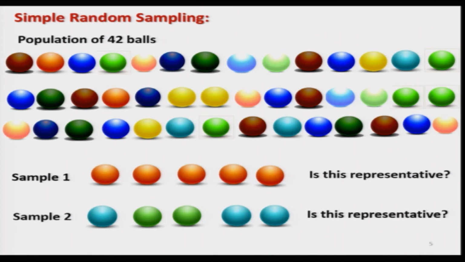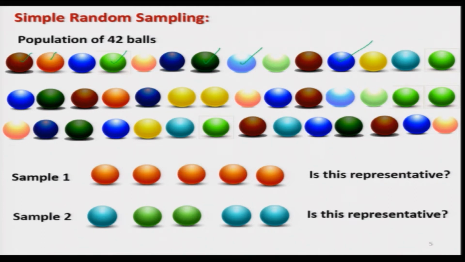But now suppose I take another example where I have 42 balls, and you can see that these balls are of different colors. Say some are light red, some are dark red, some are light green, some are dark green, some are light blue, some are dark blue, and so on. You can see there are different colors, different shades of a color.